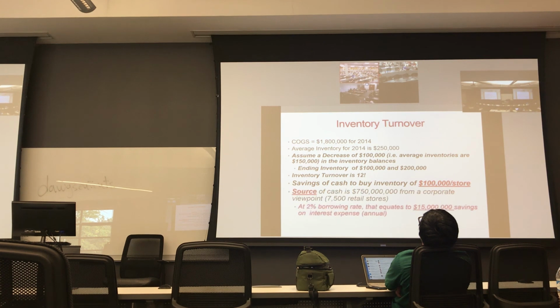If you're thinking about the corporation as a whole, they have to find that money to put on the shelf. If they had the larger amount, they had to borrow that money, and the difference of $100,000 per store is $750 million. At a 2% interest rate where they borrow it, that represents $15 million in savings in interest costs.